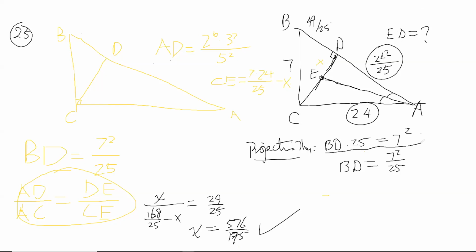All you really need is CD, and then you can find ED from the angle bisector theorem. From CD, yeah. So you are saying we don't need this? Not really, yeah.